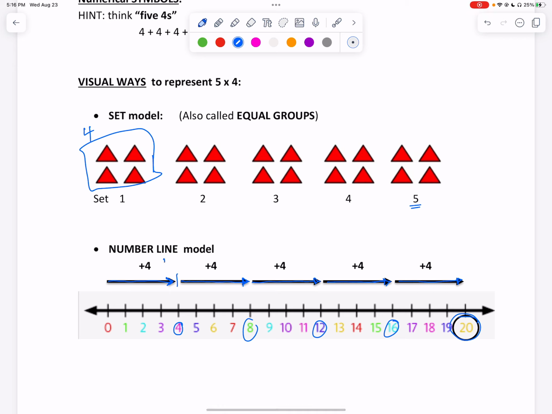That's 1, 2, 3, 4, 5 times that you were going out 4 units. So 5 sets of 4. The final answer isn't where we stopped earlier, it's going to be 20.